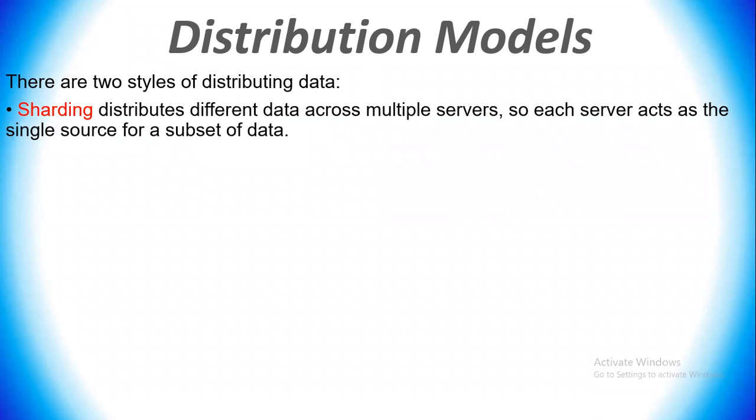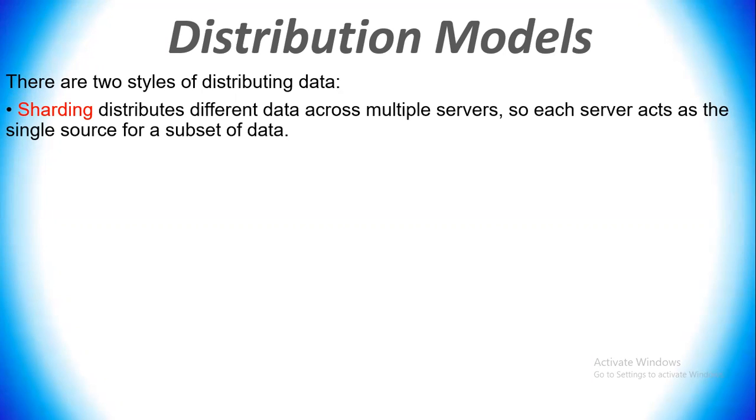To give you a good understanding, I'll take an example of a relational model. This relational model is not applicable to NoSQL databases, but to give you understanding, I'll take an example from relational databases. Consider a table in a relational model. In a table, there are many rows, and all of these rows are stored in a particular server.